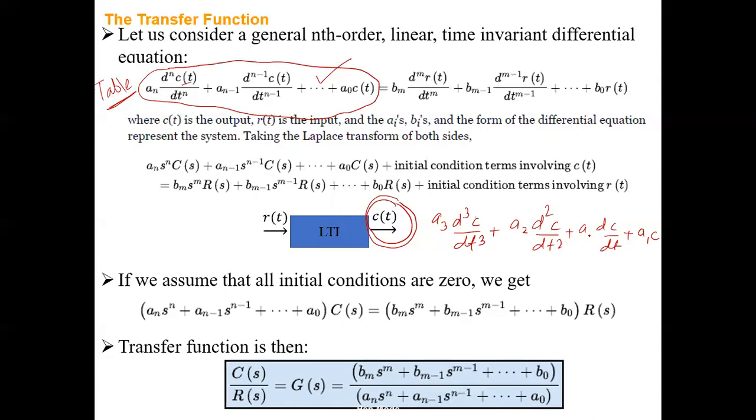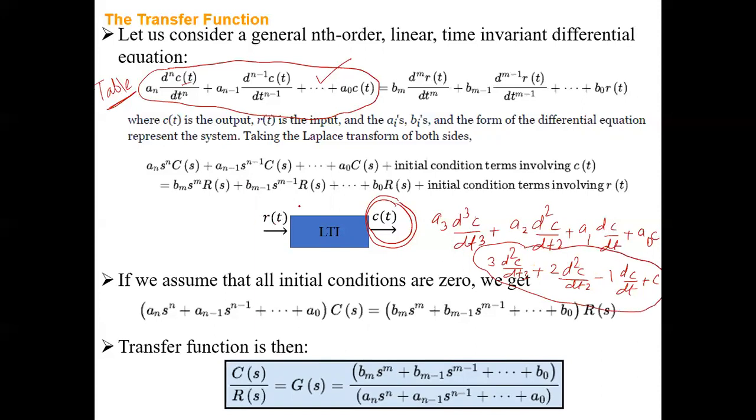I should have said 1 here. This should be 0. Okay, so let's say 3 d cubed c over dt cubed, 2 d squared c over dt squared, minus 1 dc over dt, plus, I don't know, simply c. Suppose this is one differential equation. This is the output.